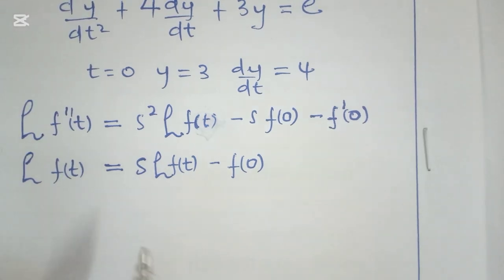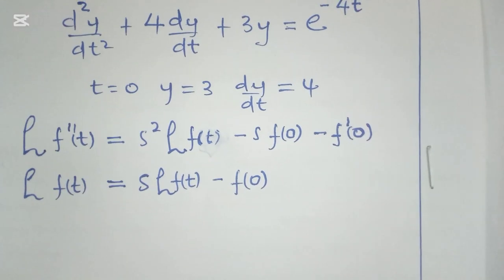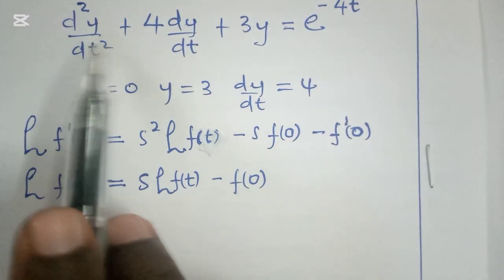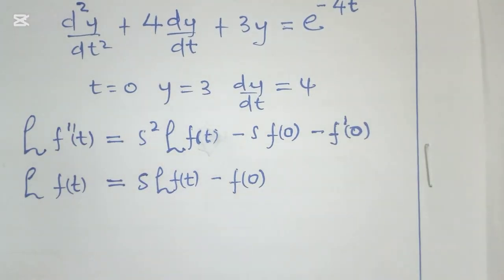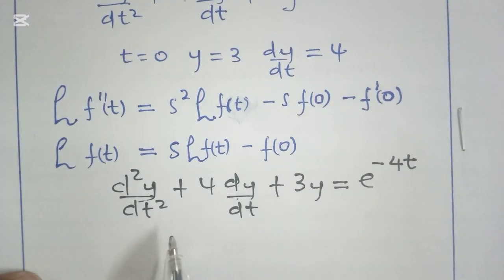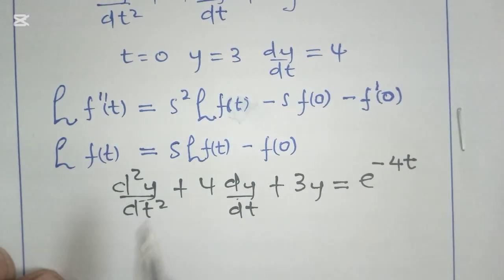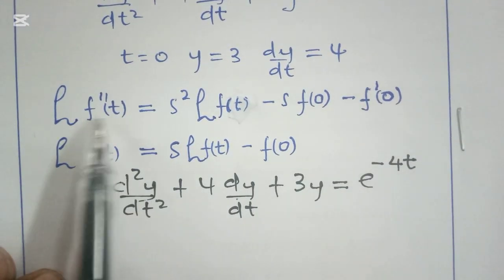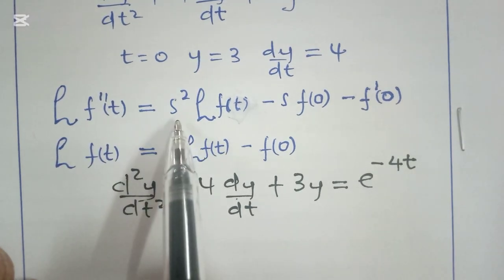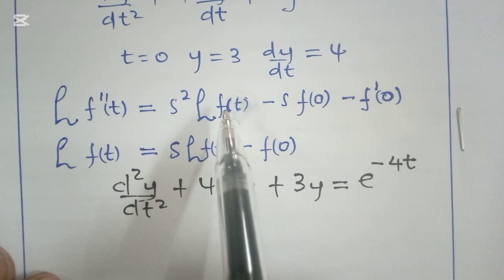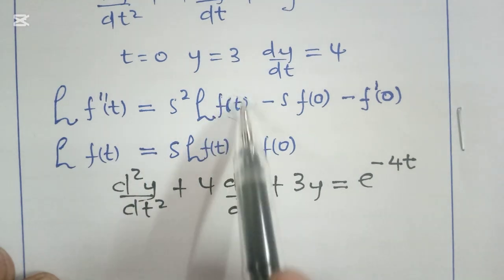And so guys, we are now going to look at the equation that we have. Maybe I can still write it down here. So guys, this is my equation. And now I can replace the second derivative. For the second derivative, guys, I'm going to write this. And remember the f(t) is supposed to be y.